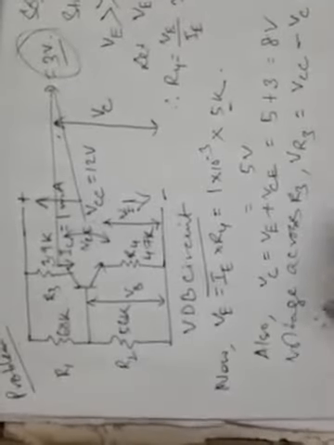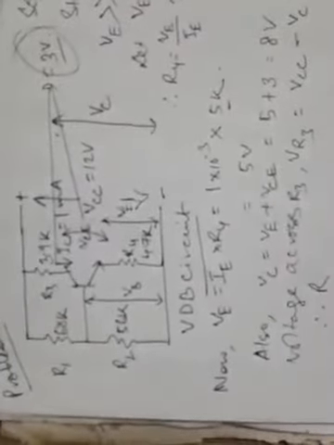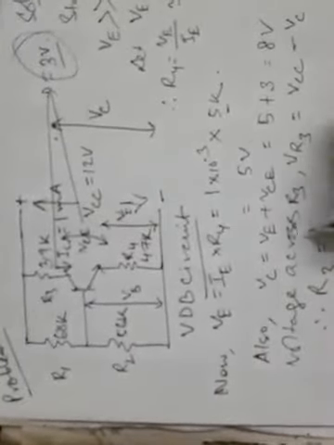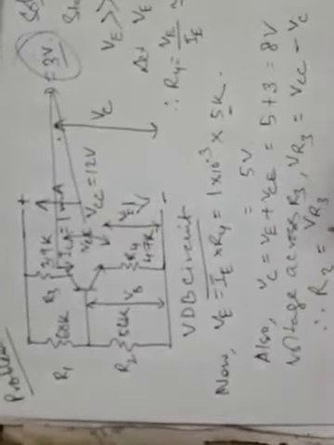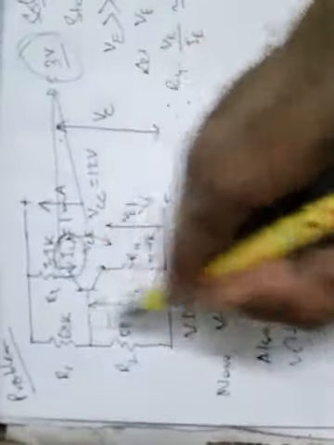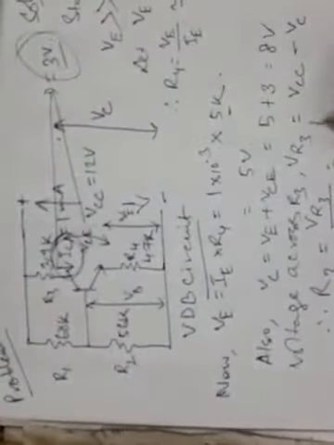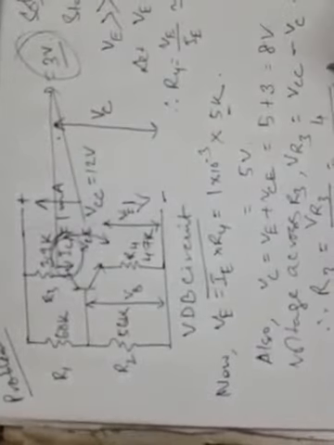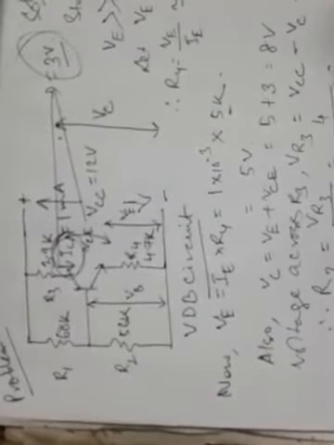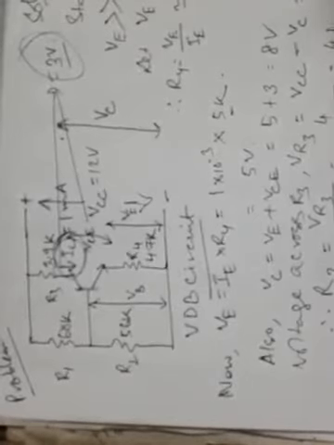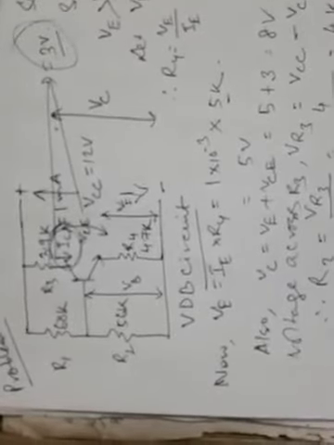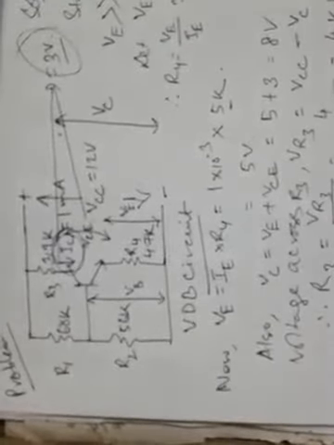So in the design problem, we need to find all these resistances. What is R3? R3 is VR3 divided by IC, because through R3 IC is flowing. So 4 divided by IC, which is 1 milliampere, so that means it is 4 kilo ohm. So R3 is 4 kilo ohm.